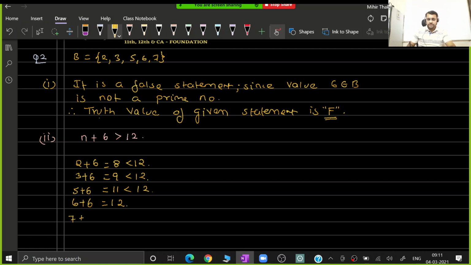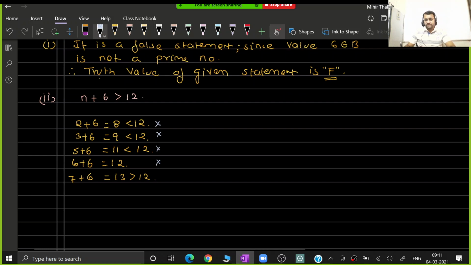But 7 plus 6 is equal to 13, which is definitely greater than 12. So by observing the first, second, third, fourth, and the fifth, the first four values do not satisfy, but the last value, 7, definitely satisfies the given condition.